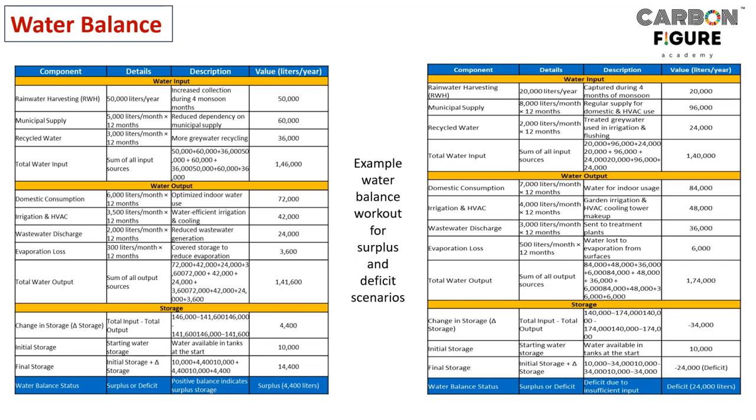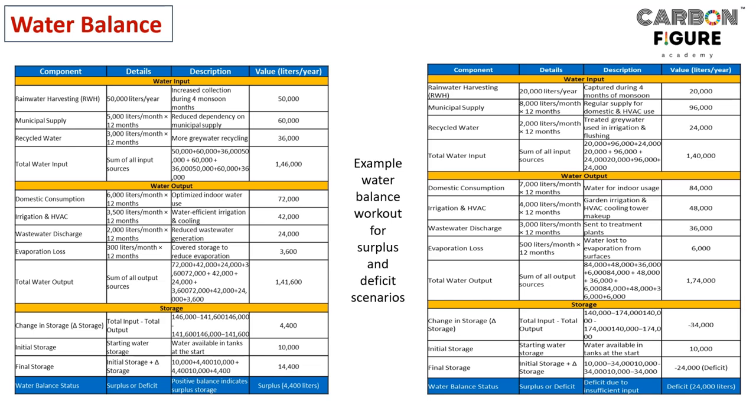There is increased collection during the 4 monsoon months, because in a given year that is the period where more rainfall is expected. So the value is 50,000 liters per year from rainwater harvesting.